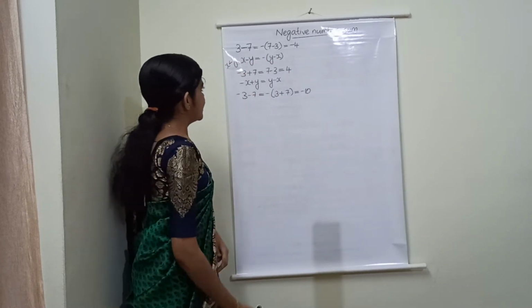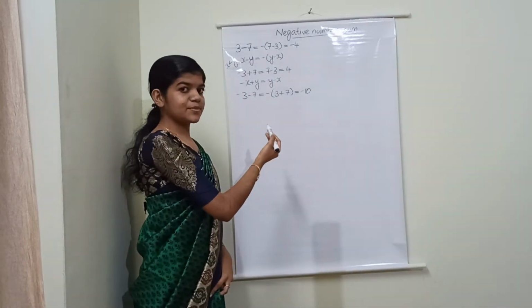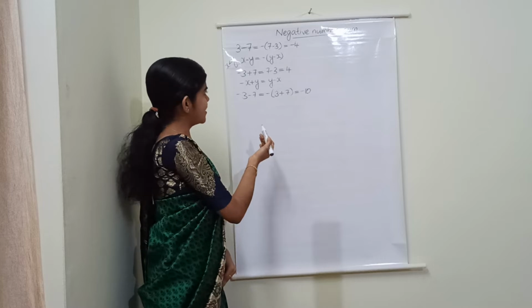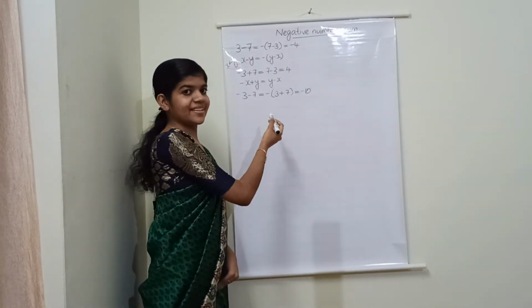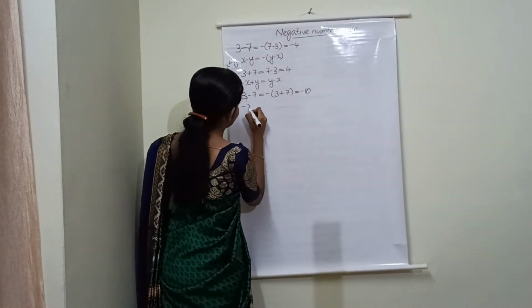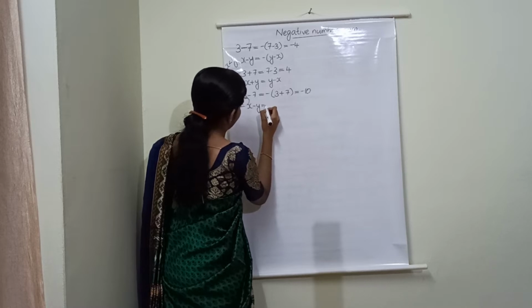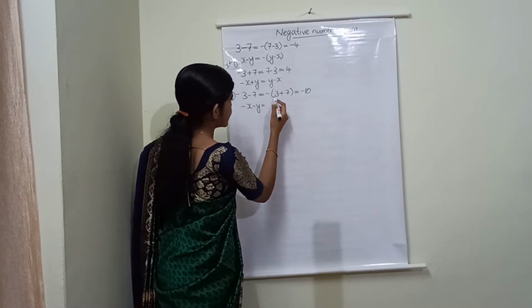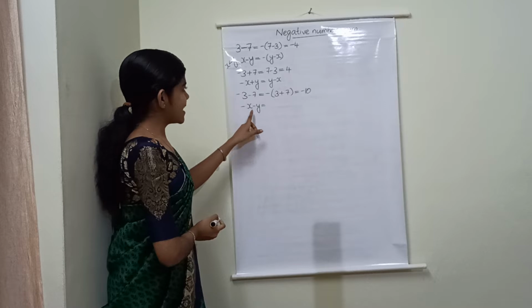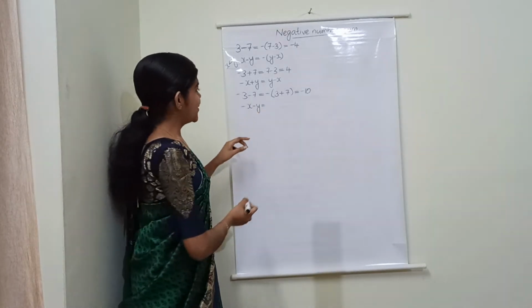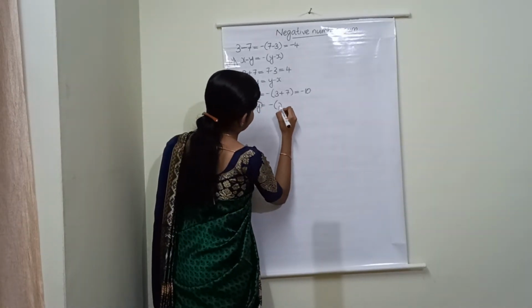Okay, correct. Similarly, how can we write it in terms of x and y? Minus 3 minus 7. Yes, minus x minus y. Minus 3 minus 7 is equal to minus of 3 plus 7. Then minus x minus y is equal to minus of x plus y. Correct.